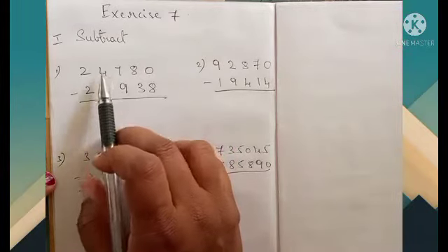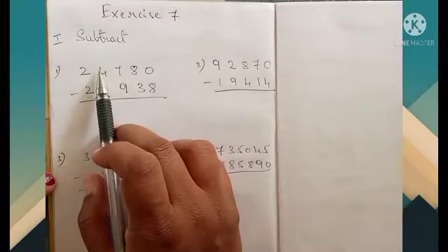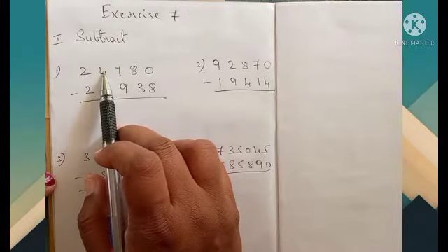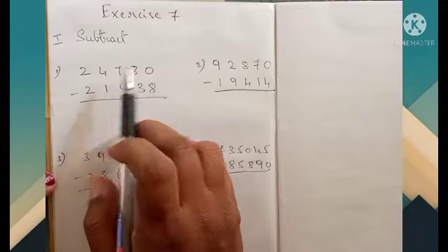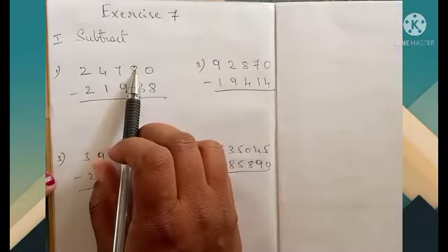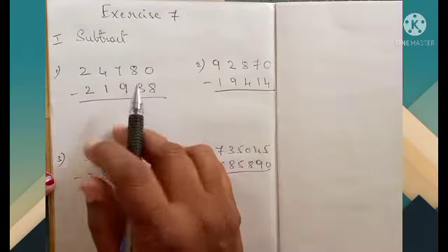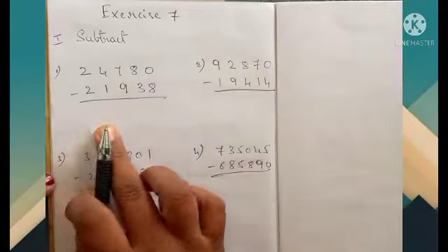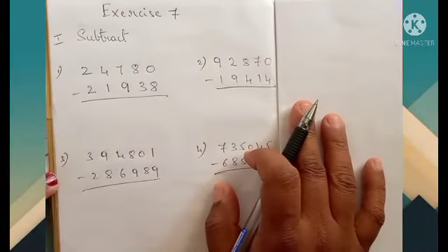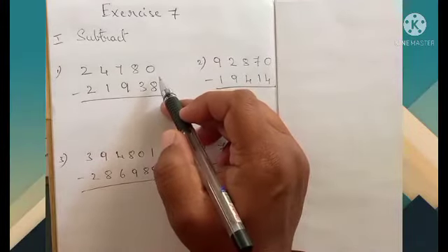So the number which we are going to write first is called minuend. What is it called? Minuend. And the number we are going to subtract is called subtrahend. What is it called? Subtrahend. And the answer is called difference. Okay, so the answer is called difference.